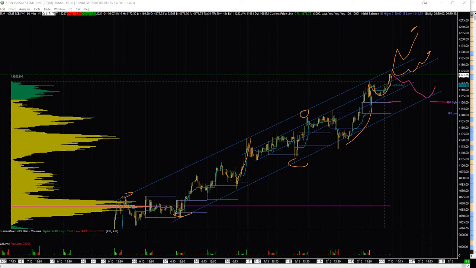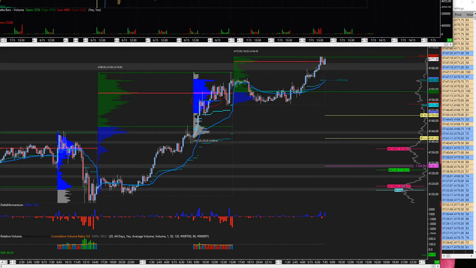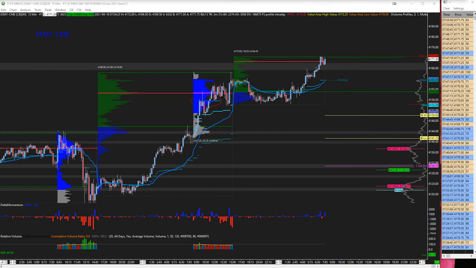So on the bigger picture, this is how I prioritize my scenarios today. Yesterday we opened, tested high, came back, found support and continued higher.